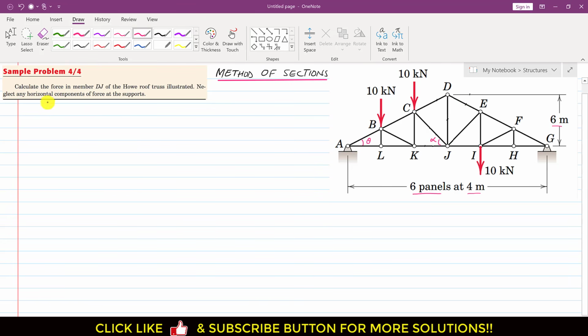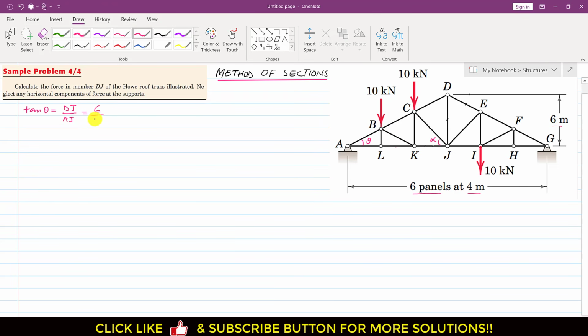If we apply tan theta to the ADJ triangle, tan theta is DJ divided by AJ. DJ is 6 meters, this is given, and AJ is 4 plus 4 plus 4, so this is 12.